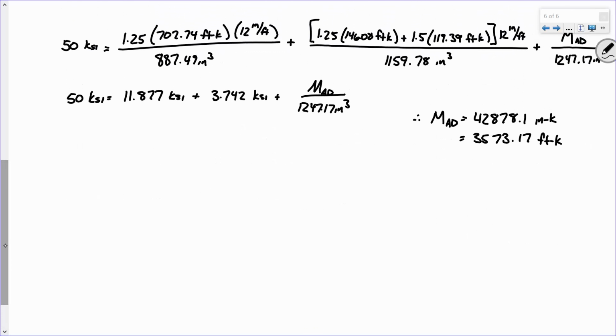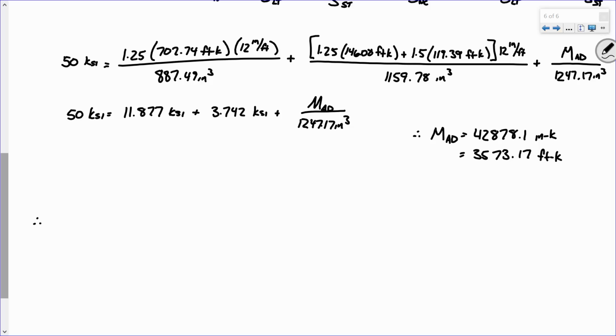So the yield moment, and I'm going to introduce just a final piece of notation. I propose to you that the yield moment, which is really the yield moment for the tension flange. See where I've got M sub YT? That's the yield moment for the bottom flange.